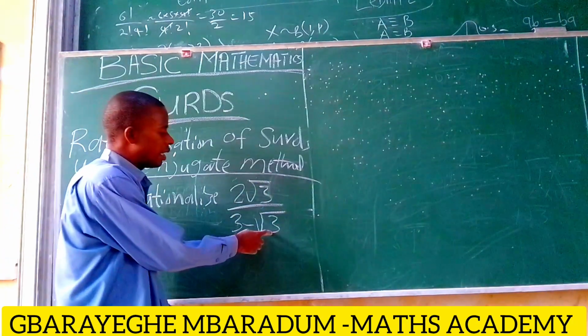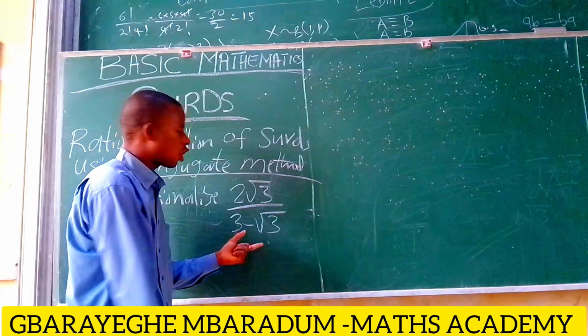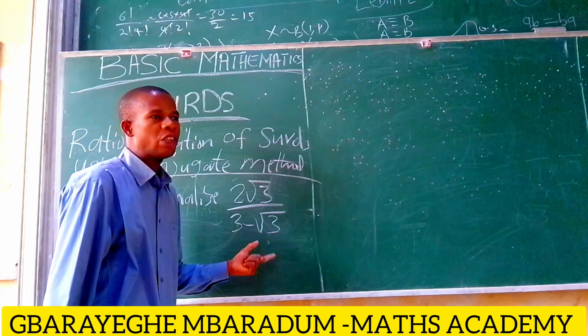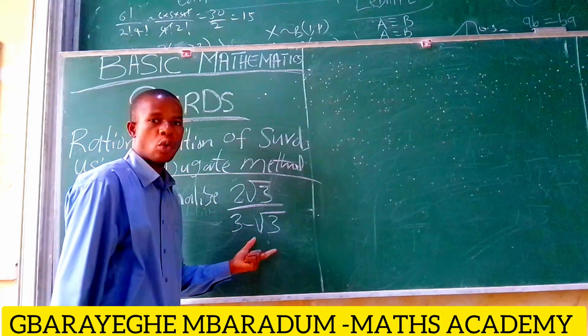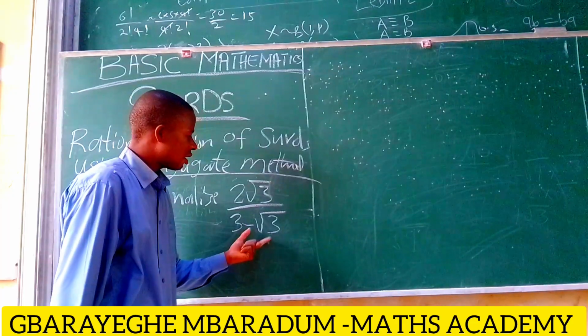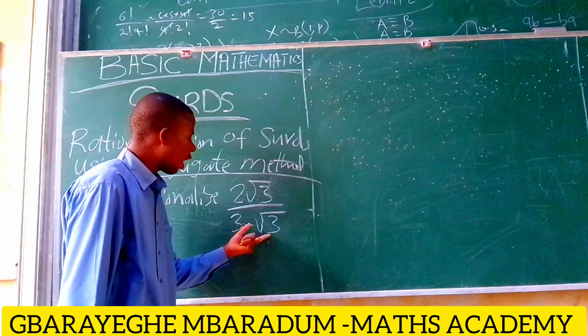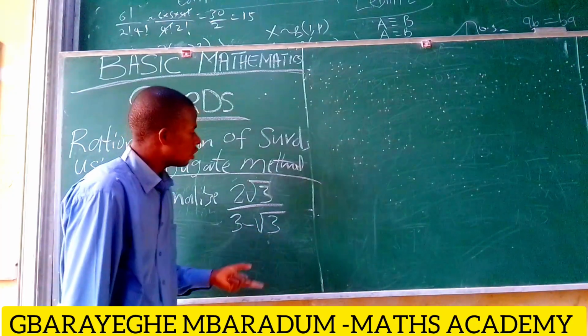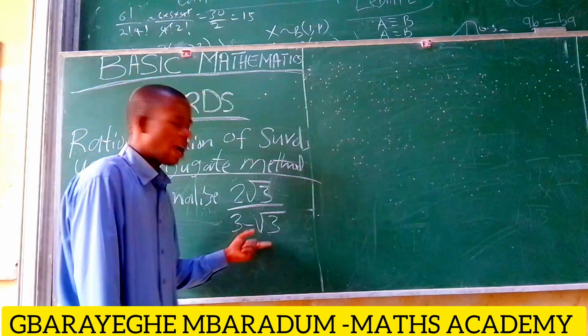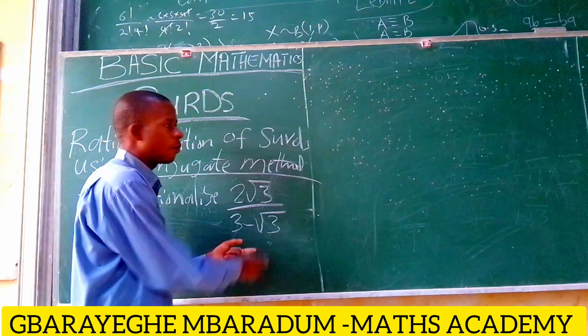Because there is a root 3 in the denominator, this surd needs to be rationalized. It's taboo to have our solution in a form that involves a surd in the denominator. So let's look at how to eliminate this root from the denominator.